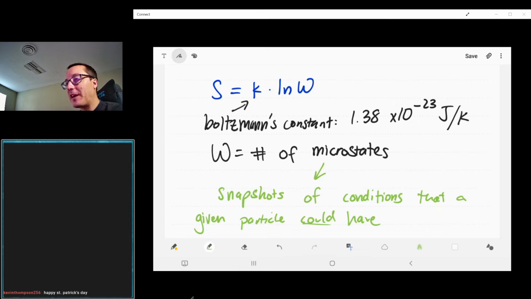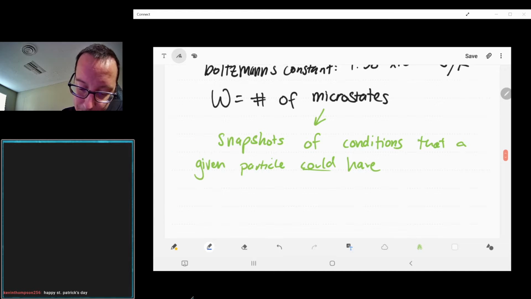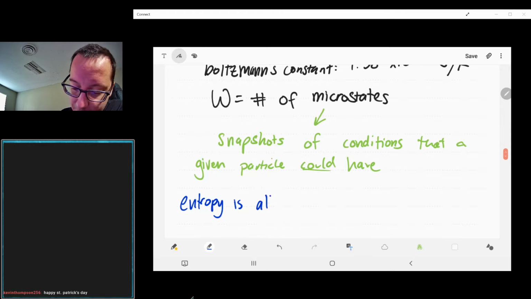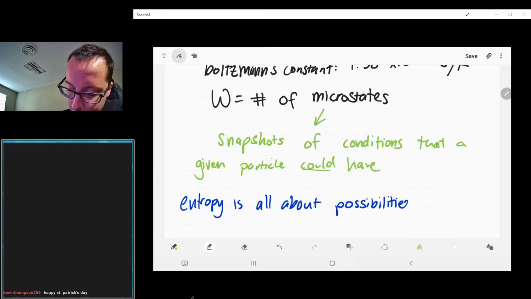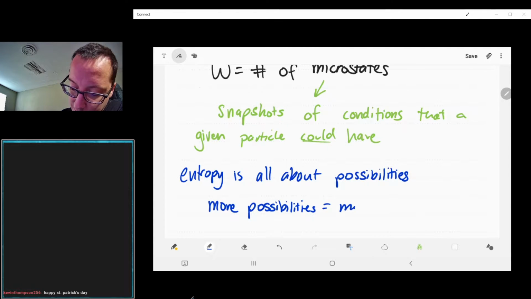So with that being said, we can see that entropy is all about what molecules could do. It's all about possibilities. And the more possibilities you have, that's more entropy.